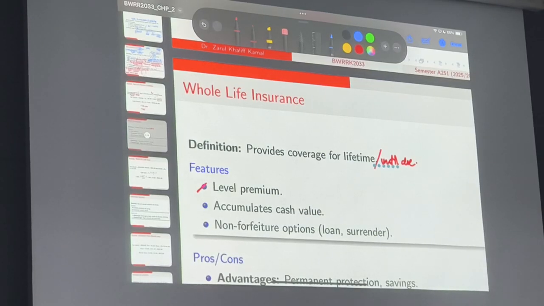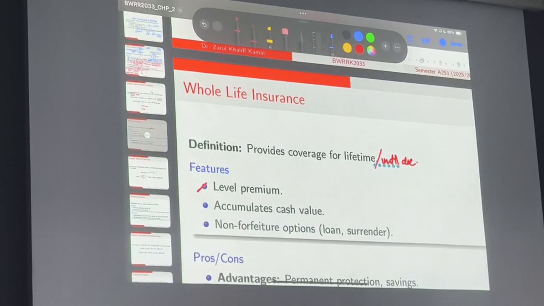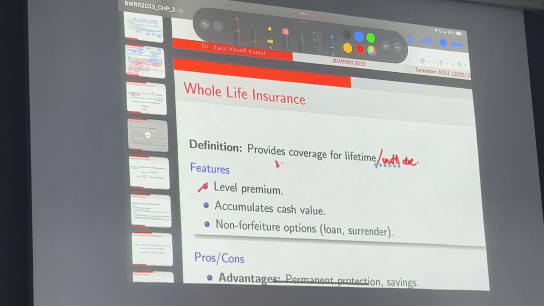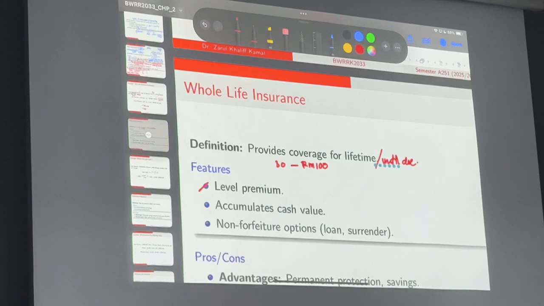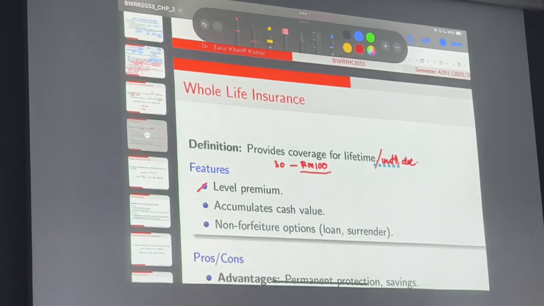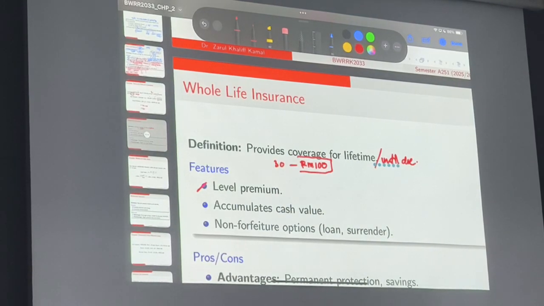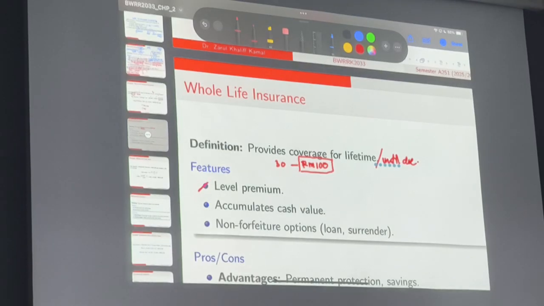Maksudnya, let's say we sign up the whole life policy at age 30, okay, RM100. So this RM100 will maintain, or you will be paying this for the rest of your life. For example, up until age 75.